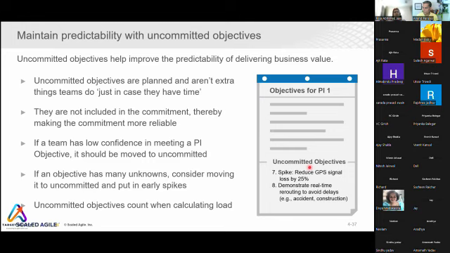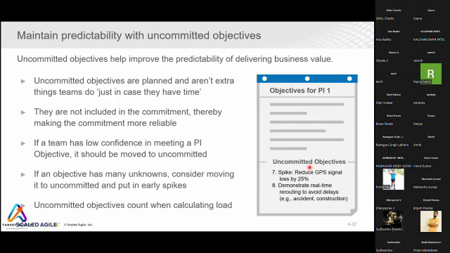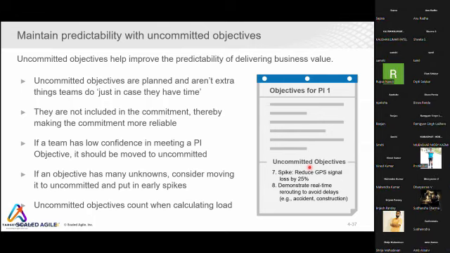By this you are increasing the predictability of the work that you can deliver. So you're better able to commit to the business that you are going to deliver this, but still you are not doing the extra thing. You are taking the time for doing that work, but you are not committing it. That is called uncommitted objectives, which is calculated into the load, but they are not just the extra thing that you have to do.